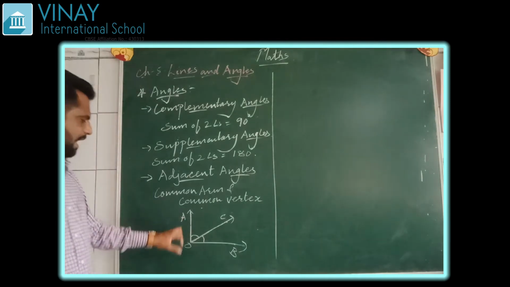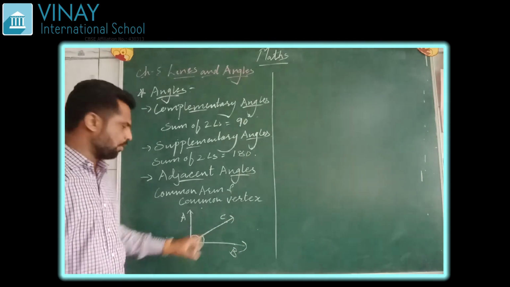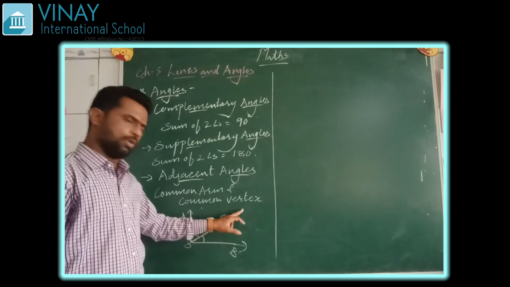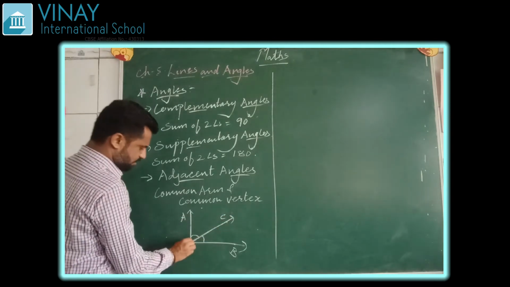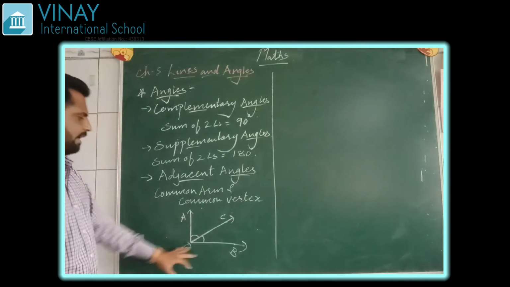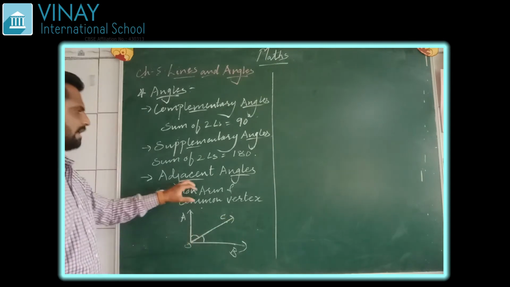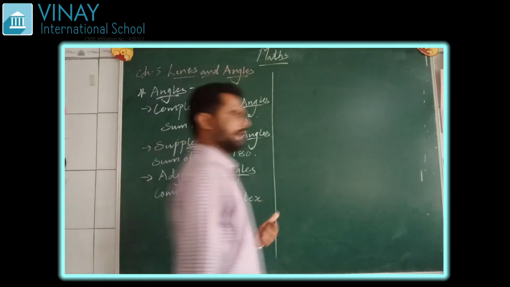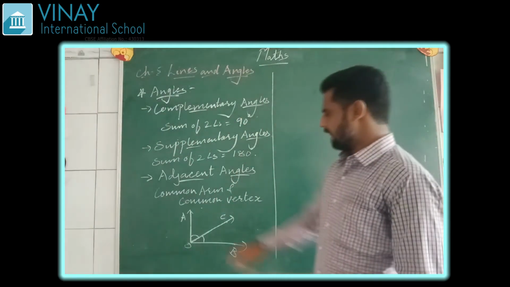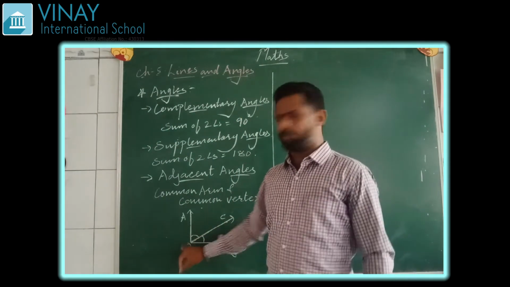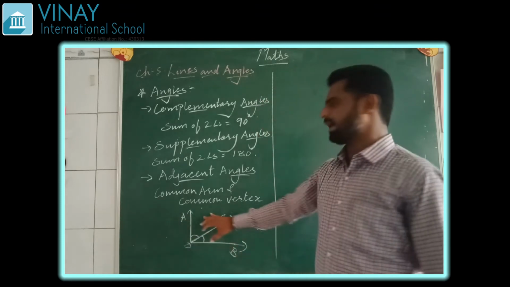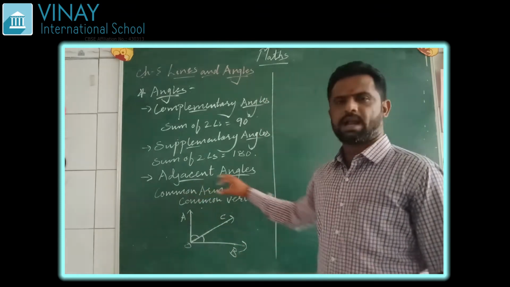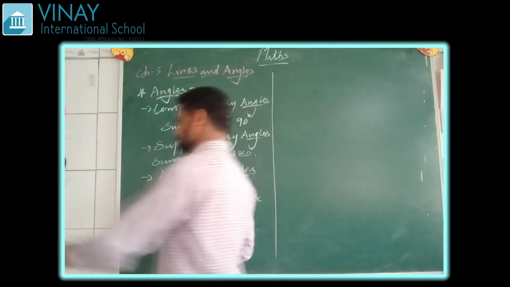Both these angles, AOC and BOC, have common arm OC and common vertex O also. That's why they can be said to be adjacent angles. So the definition, once again I am repeating it: if two angles have one common arm and one common vertex, they are known as adjacent angles.